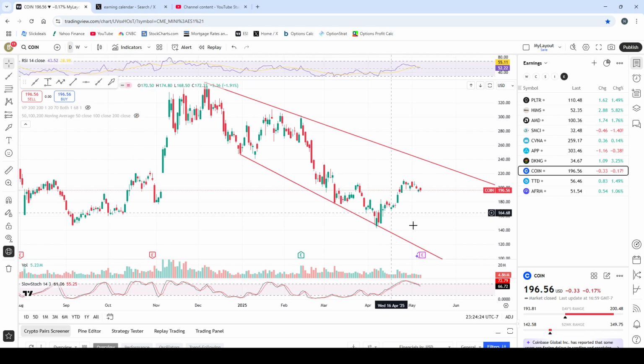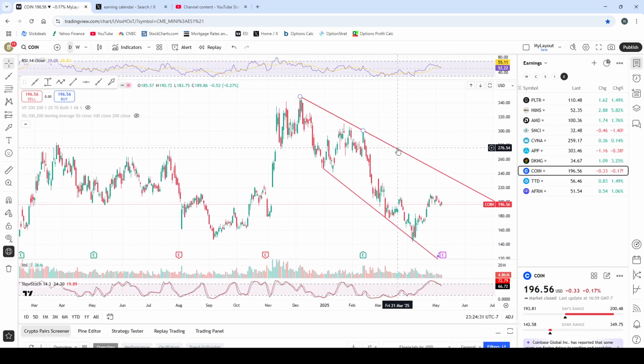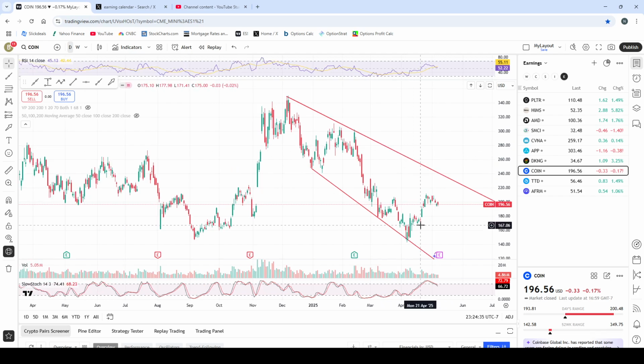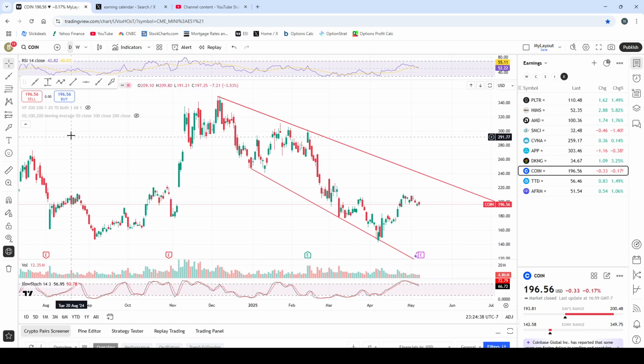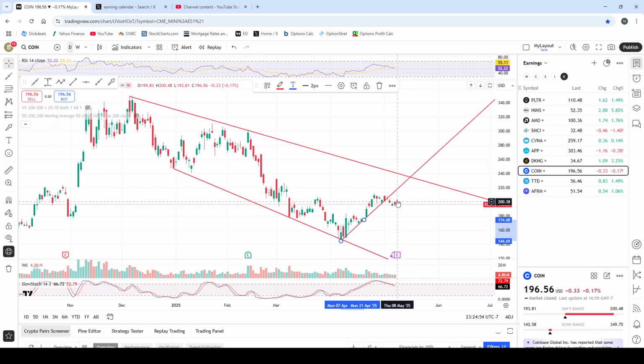Okay, so looking at Coin. Let's see. Okay. Oh, too sideways.